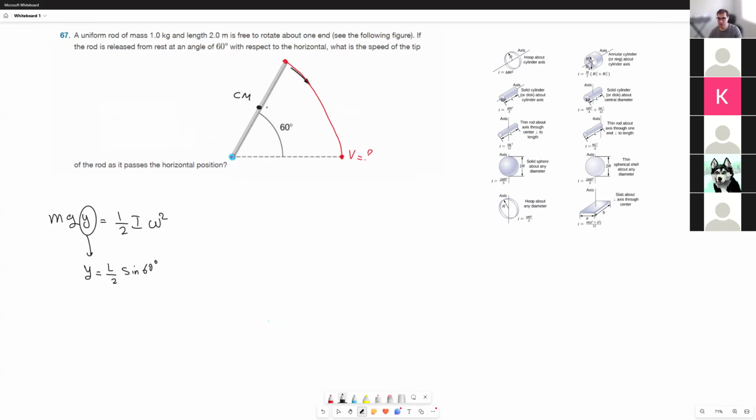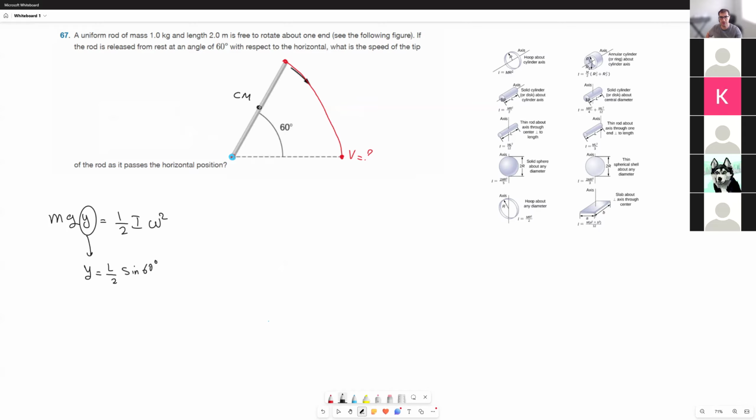If you want to write down conservation of energy for this rod, if there are no non-conservative forces, no friction, no air resistance, nothing that consumes mechanical energy, mechanical energy is going to be conserved.